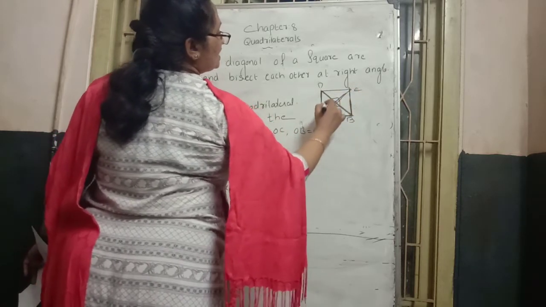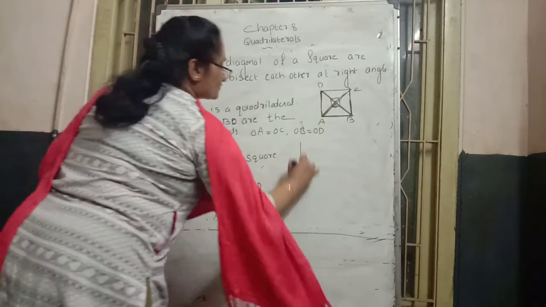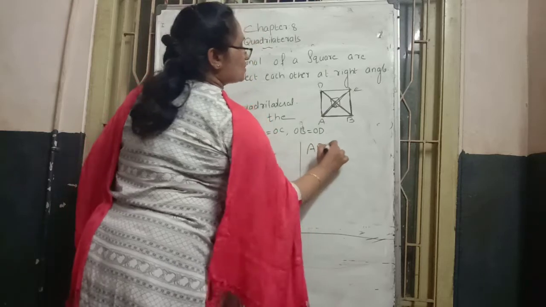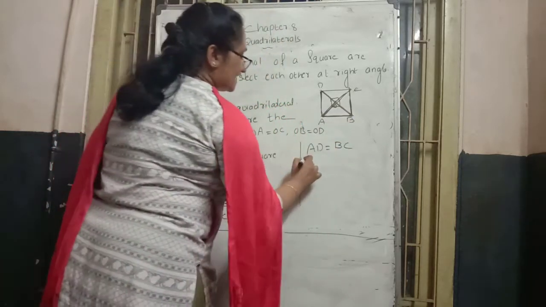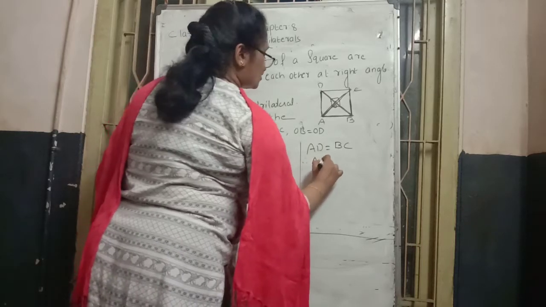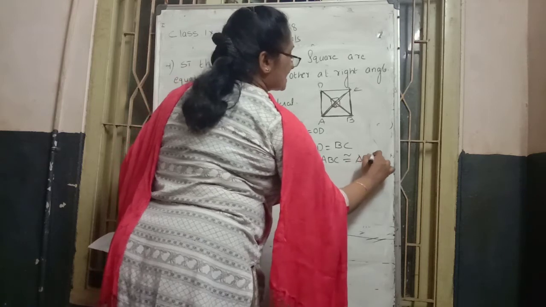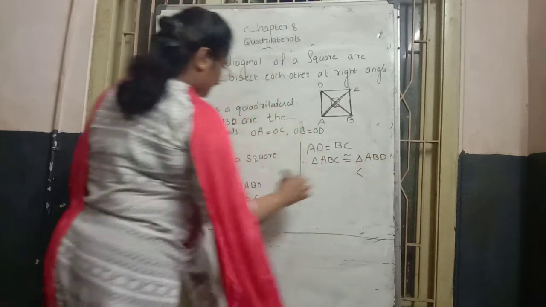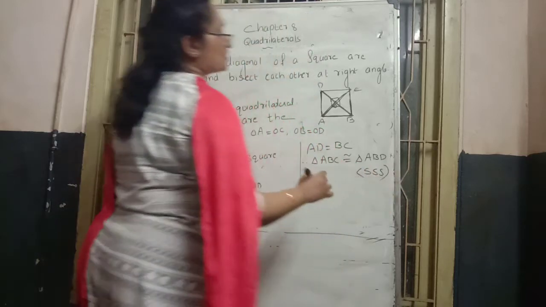AD side is equal to BC, so the third side also becomes equal. Therefore, triangle ABC is congruent to triangle ABD by three sides, the SSS property.